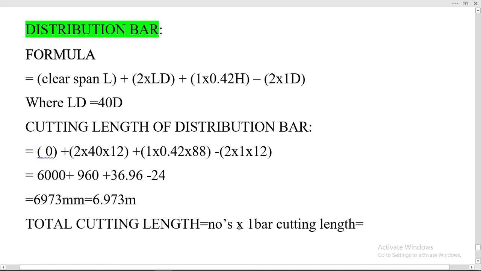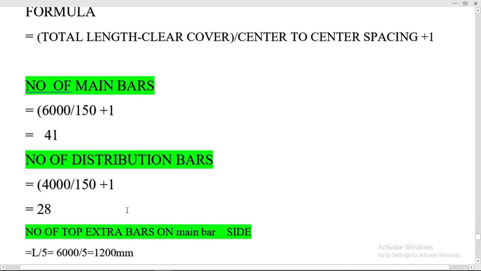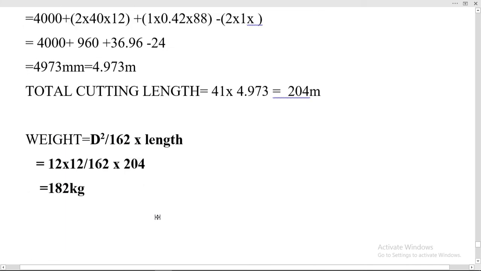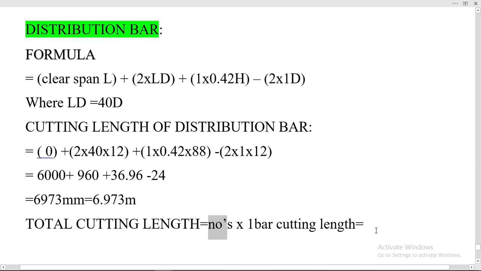Let me calculate total cutting length of the distribution bar. So first we just multiply the number of bars with one bar cutting length of distribution bar. We have 28 number of distribution bars.